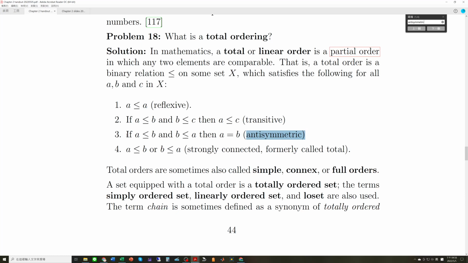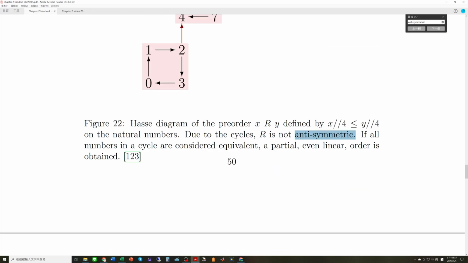It means if A is smaller than or equal to B, and B is smaller than or equal to A, then A is equal to B. Okay, of course. Okay, let us go back to the anti-symmetric. Okay, here.